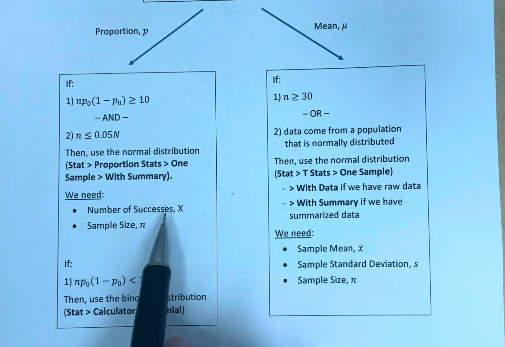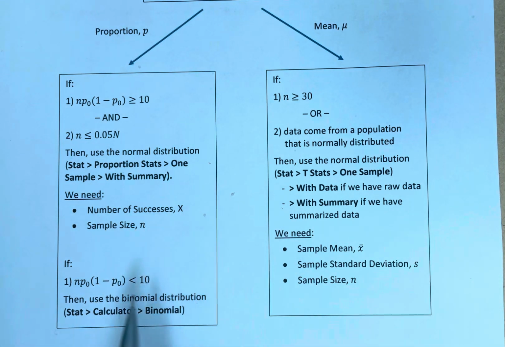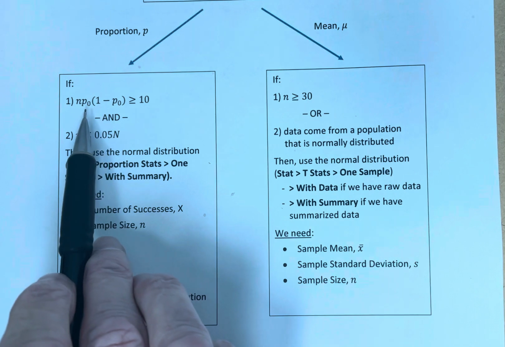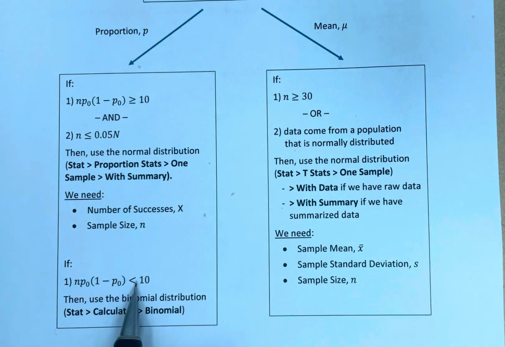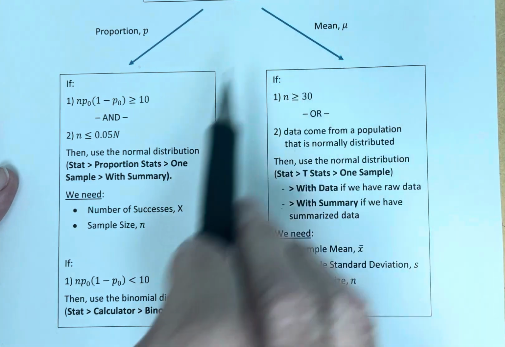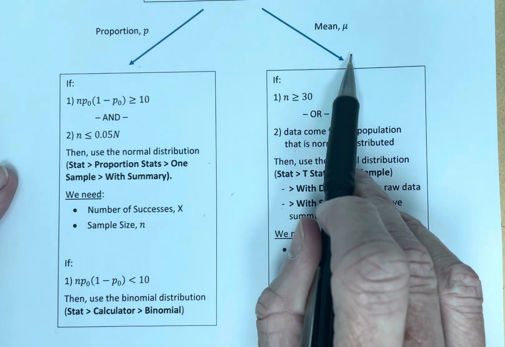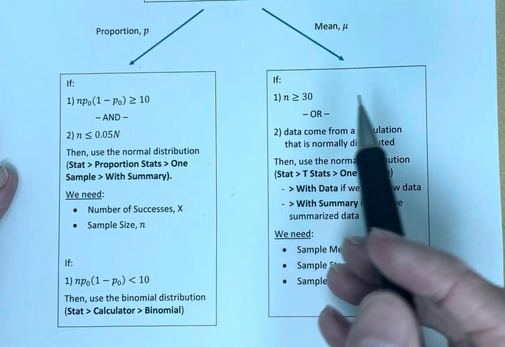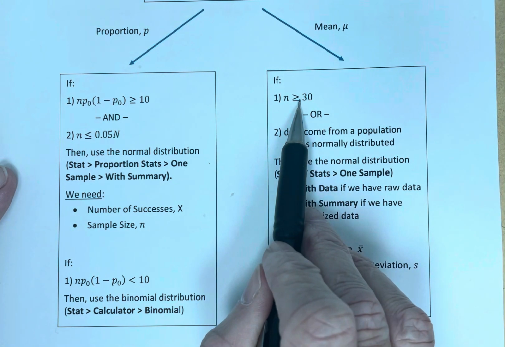We need to know the number of successes, what we define as success, and the sample size. If np times 1 minus p is less than 10, we're going to go to the binomial distribution in StatCrunch under Stat, Calculator, Binomial.